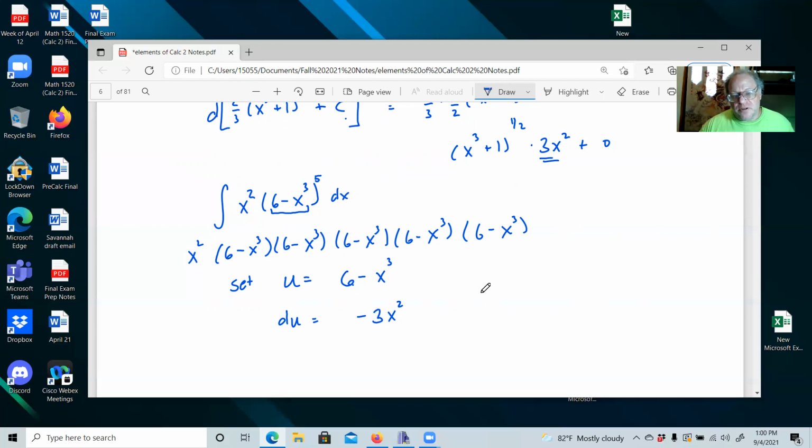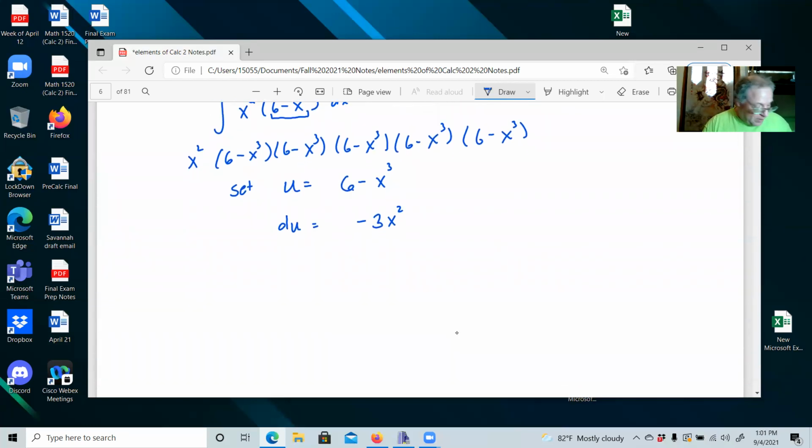So what we're going to do is insert that. This is going to be (6 minus x cubed) to the 5th power. There's my u. And then I'm going to take negative 3 over negative 3, that's 1, times x squared.